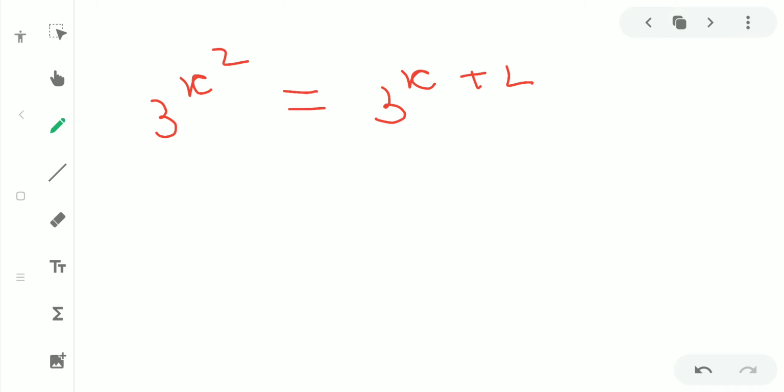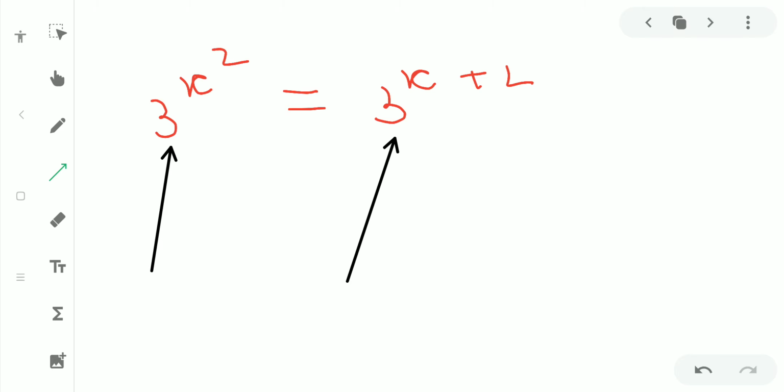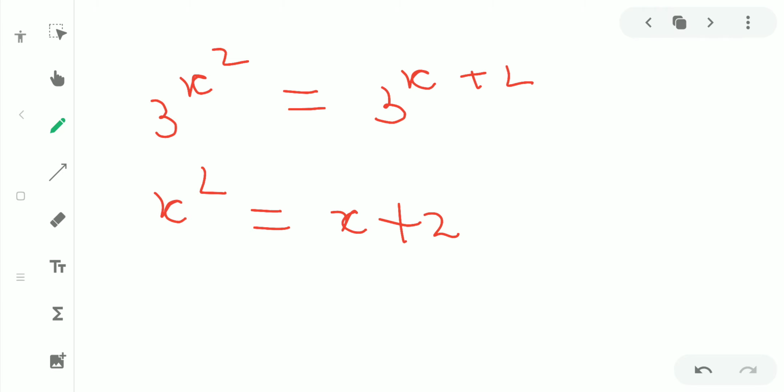Now we have the bases equal. When the bases are equal, as I have said, the powers are equated. So the powers give x square is equal to x plus 2.